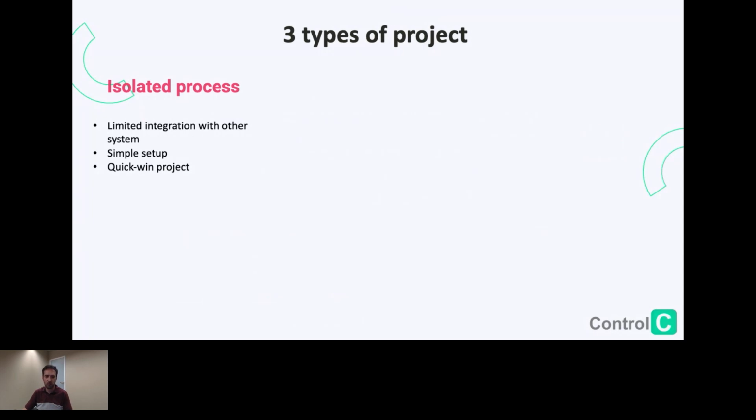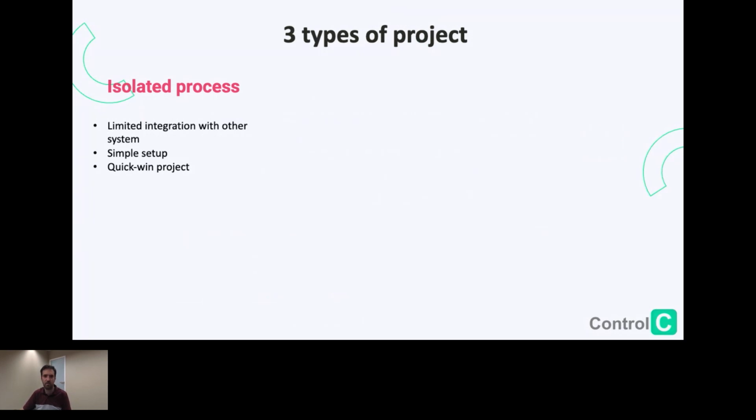This is most of the time where we start within a company, because we're trying to solve a very specific issue that takes time, that could save a lot of time and money. Those are most of the time, I would say, quick win projects with a very interesting return on investment.